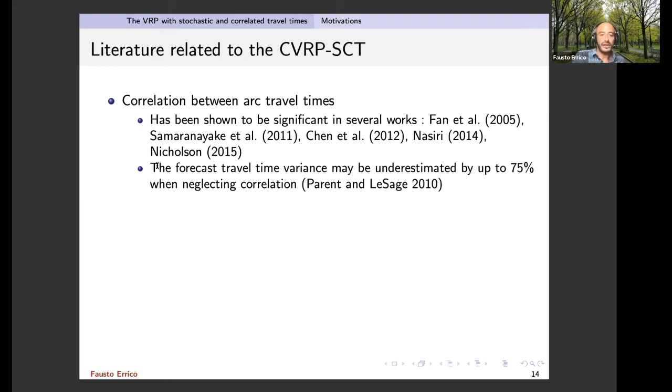Also, there is some work showing that when we forecast travel time, the variance of the travel time can be underestimated by up to 75% when we don't consider the correlation. So neglecting correlation can be very bad for your solutions.